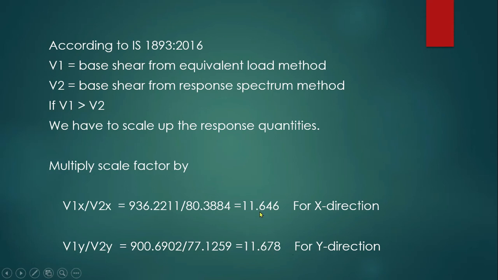We will just multiply our scale factor by these values so that we can scale up the responses from the response spectrum analysis. Okay, let's see how we will do this.